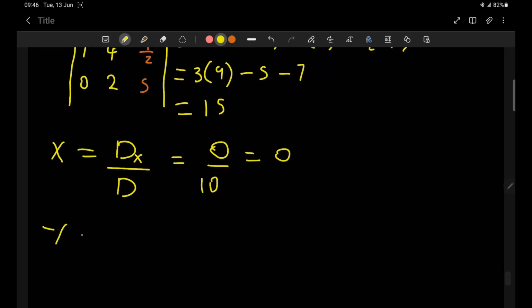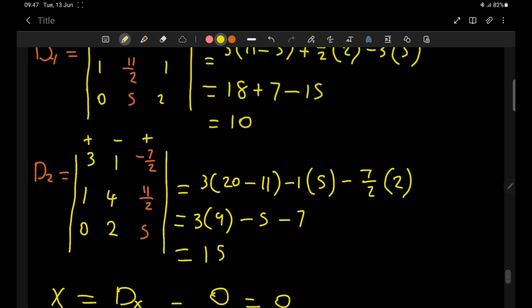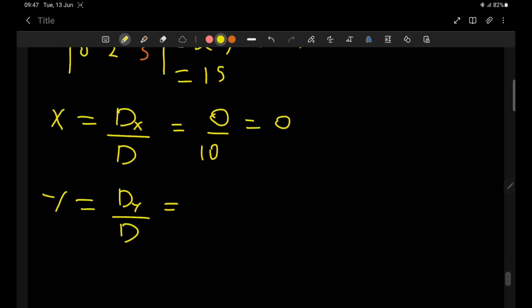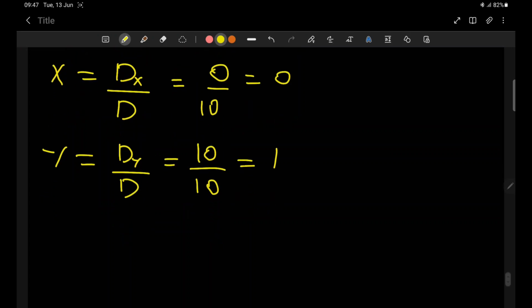Then our y will be dy over d, and for dy we got 10, so that would be 10 divided by 10, which will give us 1.